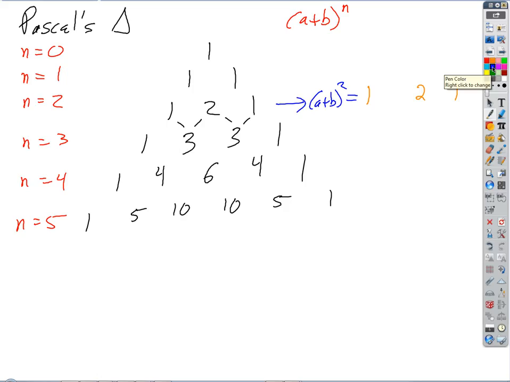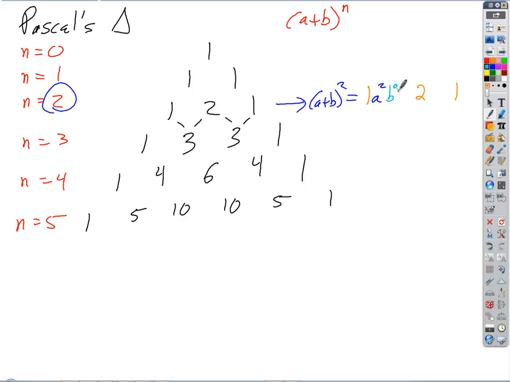Well, here's how you play this game. We know that they're going to be products of a and b to certain powers, and the sum of their exponents always has to add up to n. We're going to start with all of the weight shifted to the a's. So the first one is just going to be an a squared, and then this would normally be invisible, but there's going to be a b to the 0 there, which we wouldn't write.